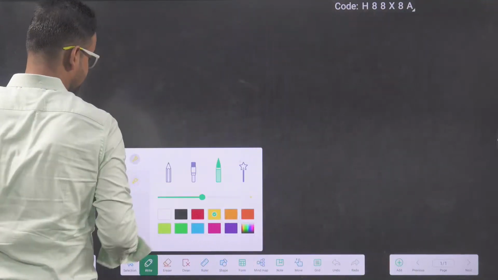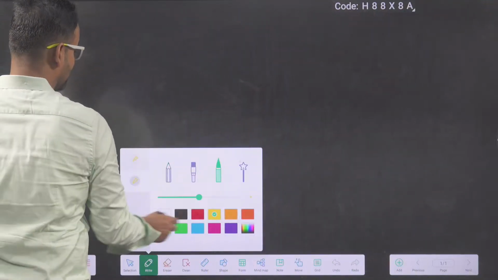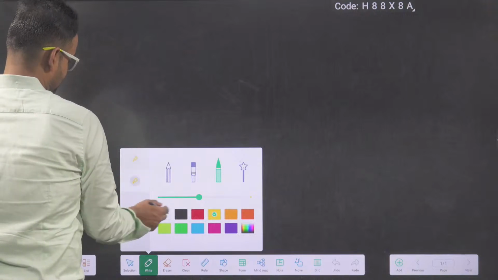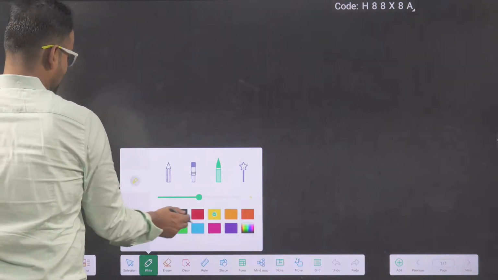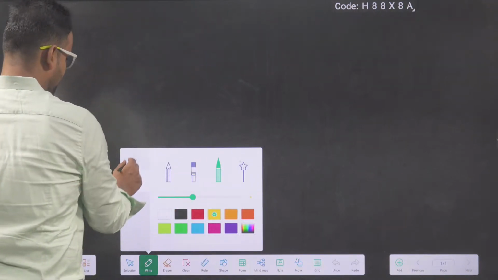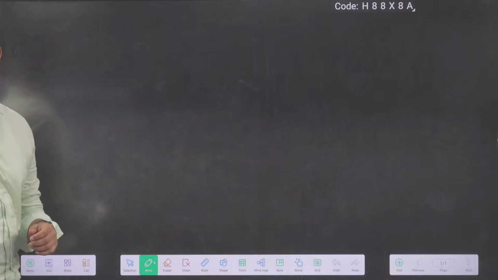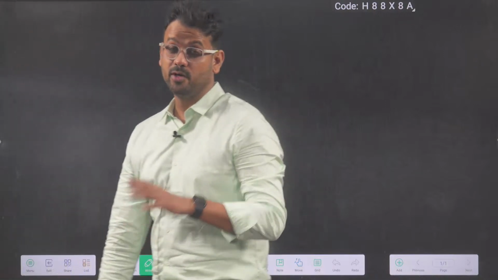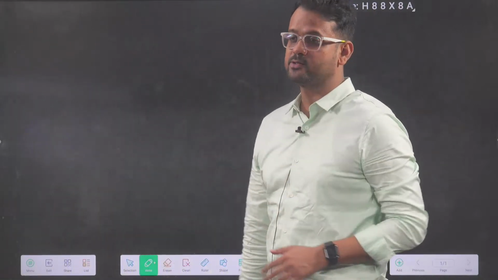Okay, boys and girls. So once again, welcome to the class of mole concept. And let's start with today's class. If you remember, yesterday itself, I told you that we'll be doing lots of examples and practice numericals today.